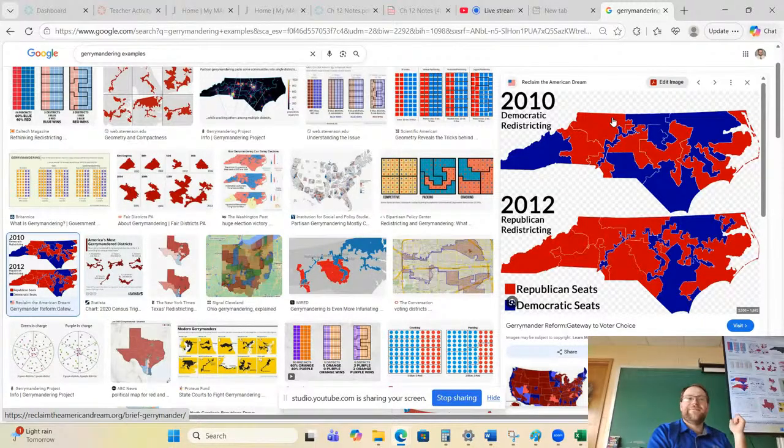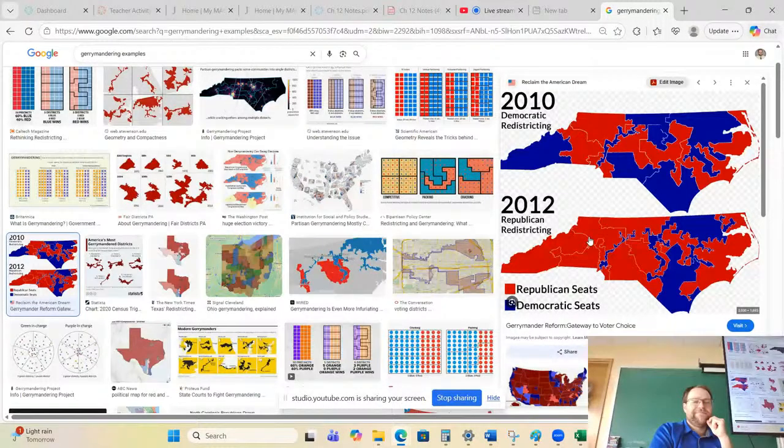So did their counties change? Like their counties are the same, but the size of them changed? No, the counties changed. County lines. Yeah, so they redrew county lines.